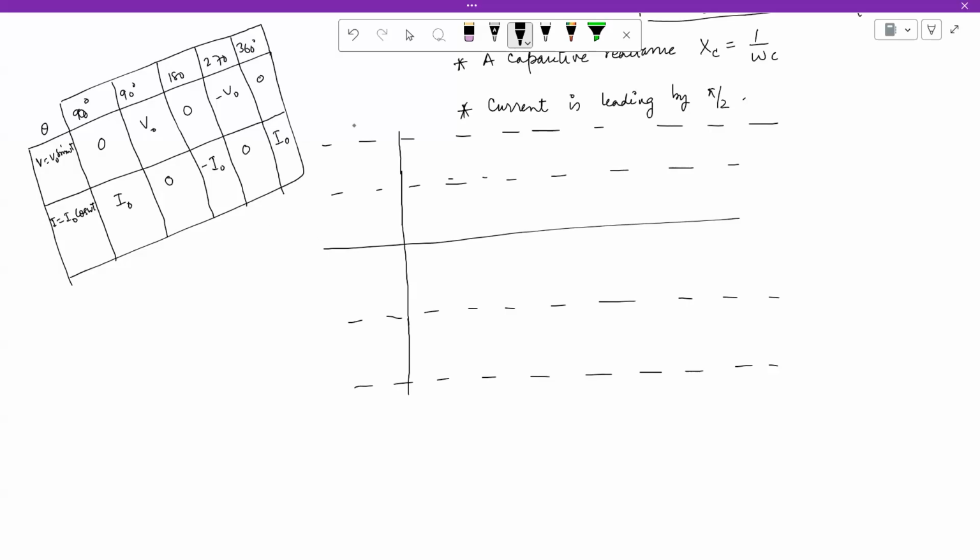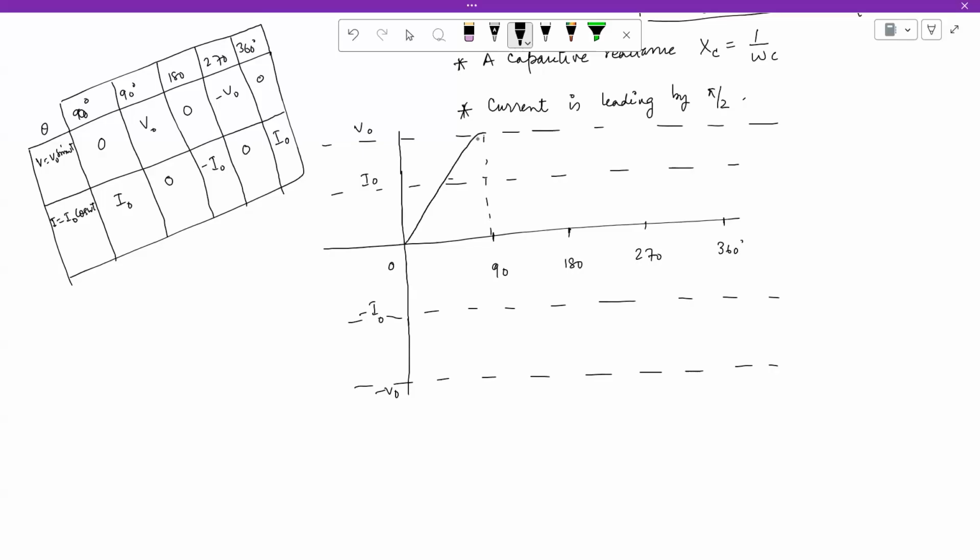So this is V naught, this is minus V naught, this is minus I naught, this is I naught, and 90, this is 180, 270, and then 360. So first let us draw V naught.